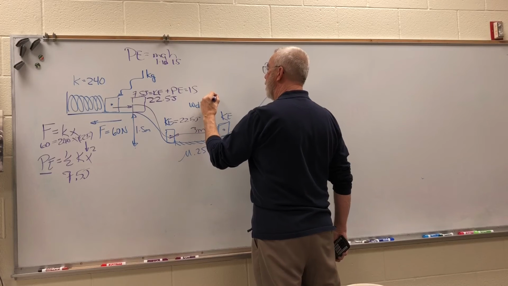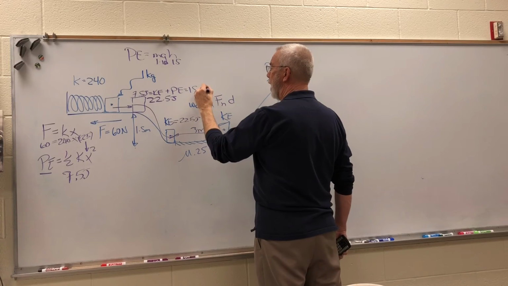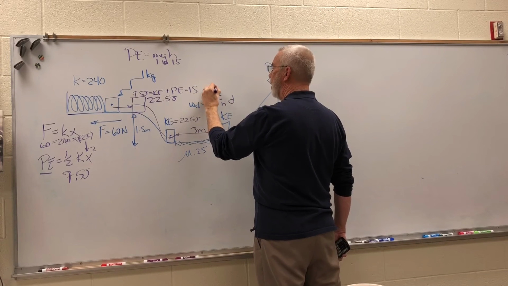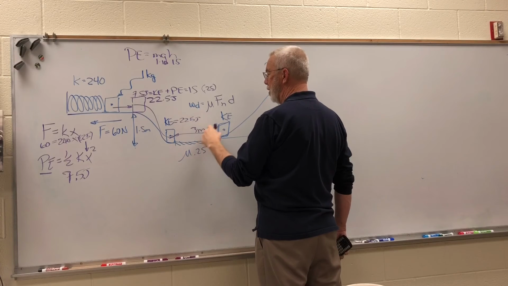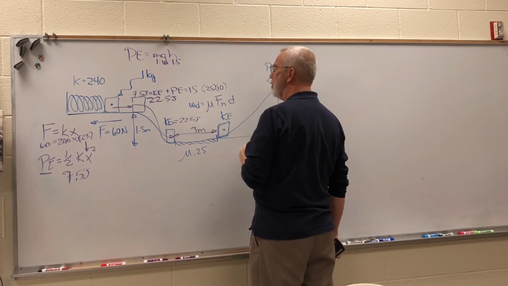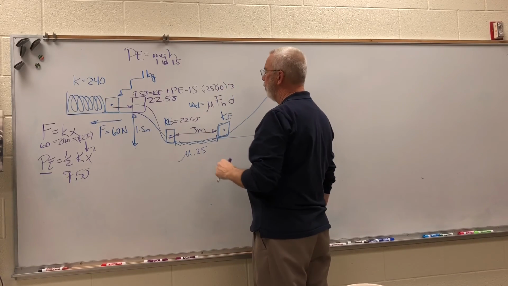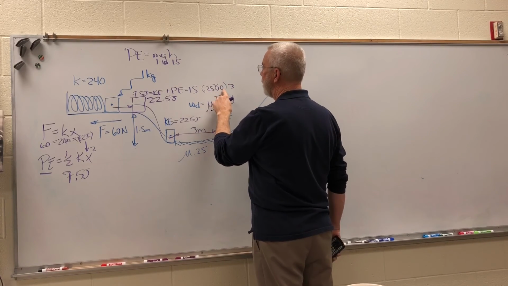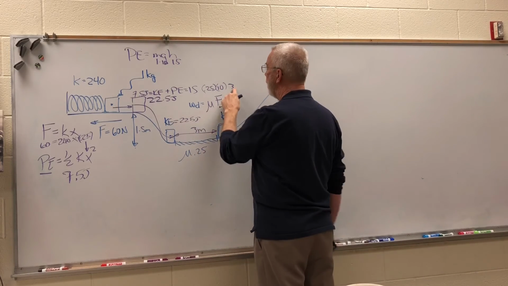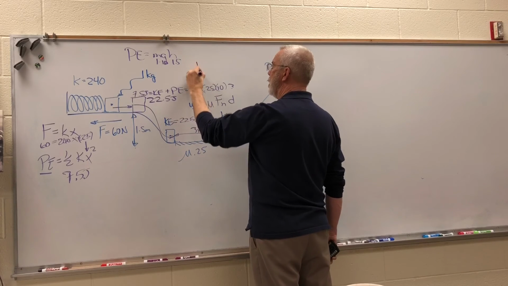Coefficient of friction times the normal force times the distance. So we've got 0.25 for the coefficient of friction. It's a 1 kilogram weight, so that means the normal force is 10, and then the distance is 3. So 0.25 times 10 is 2.5, times 3 is going to give us a work done.